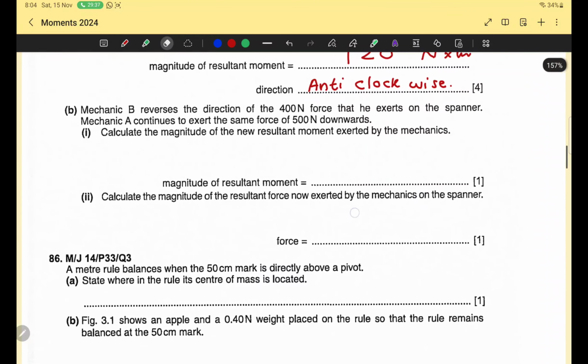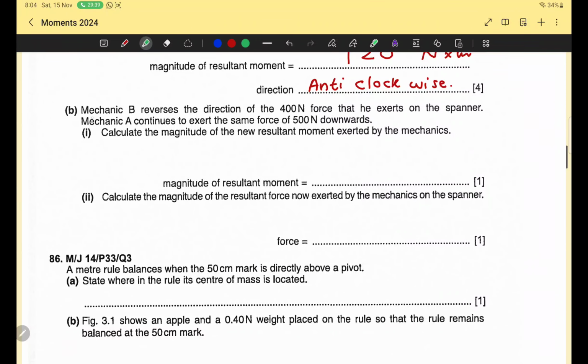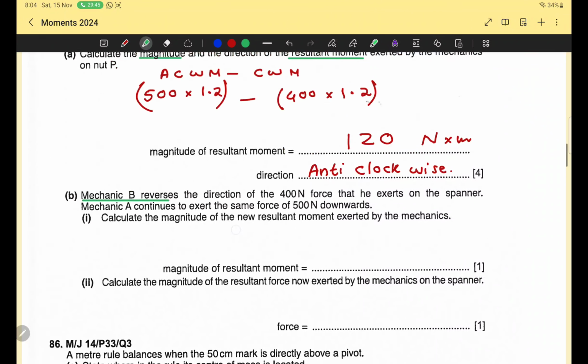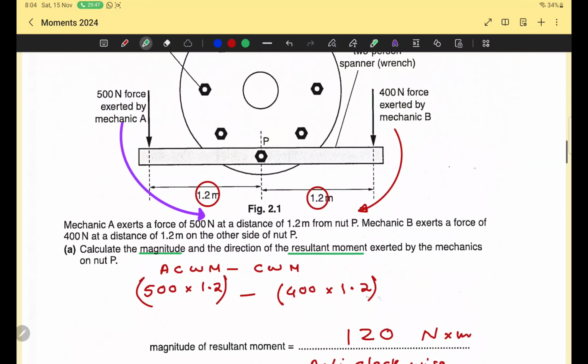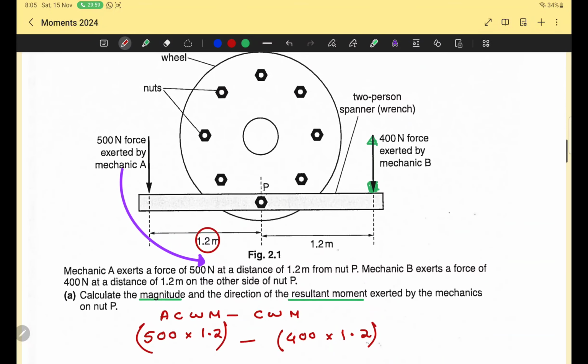And now another question: mechanic B reverses the direction of force. It means mechanic B's force now acts upward. If the direction of force is reversed, then it is also anti-clockwise.